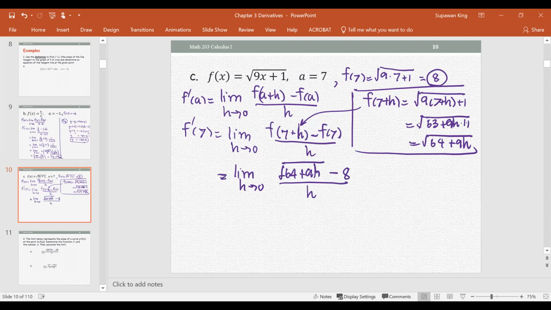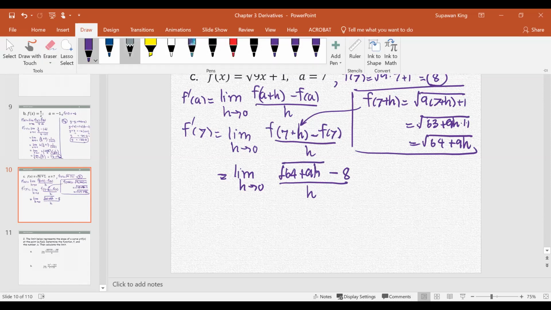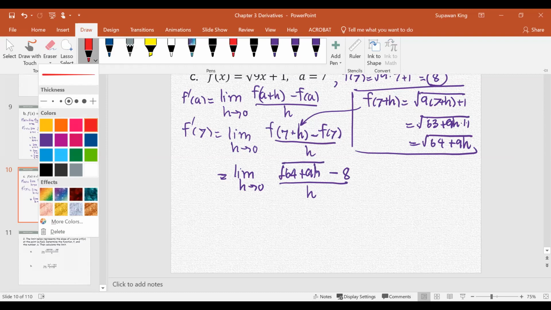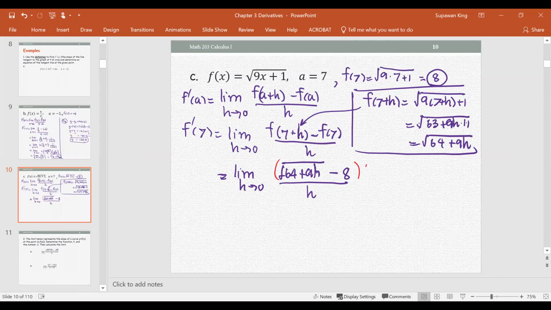So we use the technique of finding the limit by multiplying by the conjugate, both top and bottom. So multiply by the square root of 64 plus 9h plus 8 divided by the square root of 64 plus 9h plus 8.